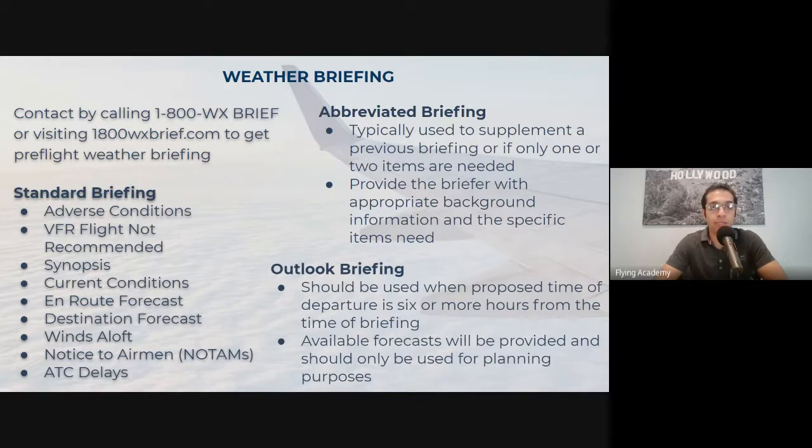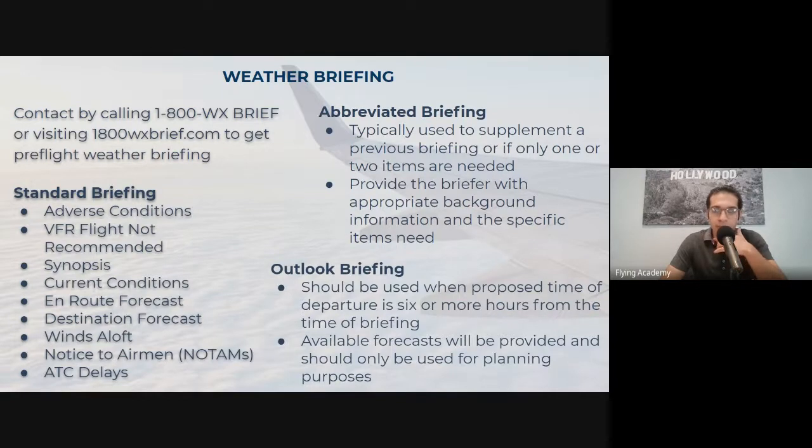When you're requesting an abbreviated briefing, they have no idea what you want. So you have to specify, okay, I need an update on NOTAMs or winds aloft or forecast conditions for the destination, any ATC delays, any TFRs, anything. And they will provide you the information.